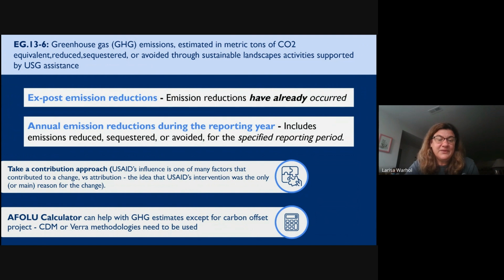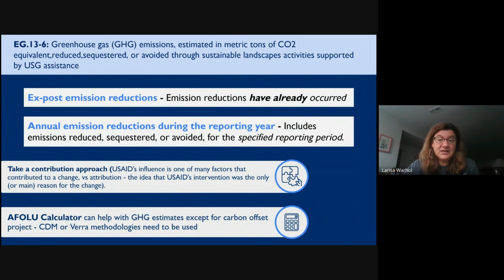The easy example of that is usually a carbon offsets project, where those GHG emission reductions are still regularly being verified by third parties. But for the most part, most people report on the GHG emission reductions that are occurring in that particular year during the reporting period.